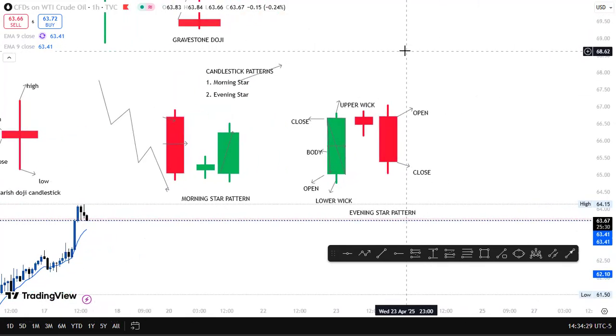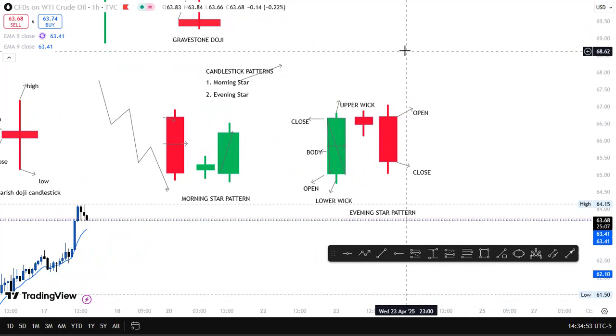The second candlestick pattern we talked about is the evening star. The evening star is just like the bearish version of the morning star, but it happens at the top of an uptrend, and it signifies a very strong bearish reversal pattern. When it happens at the top of an uptrend, it means a reversal to the downside is about to happen. It consists of 3 candlesticks as well.